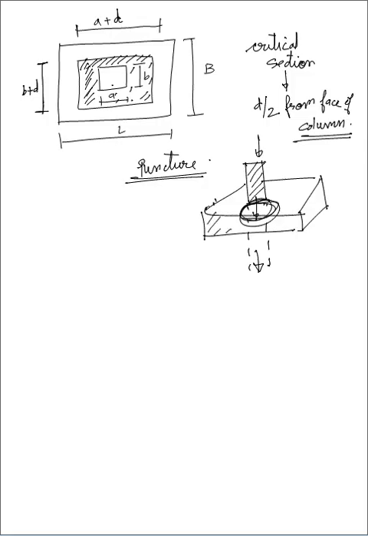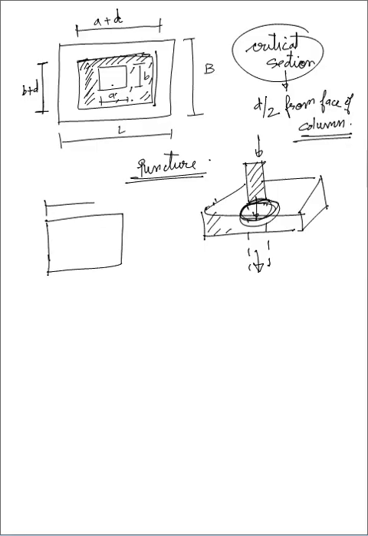So when you consider punching shear, for the critical section you have taken, you have to take the whole area or whole perimeter. I am talking about this perimeter. This is your A plus d, this is your B plus d.